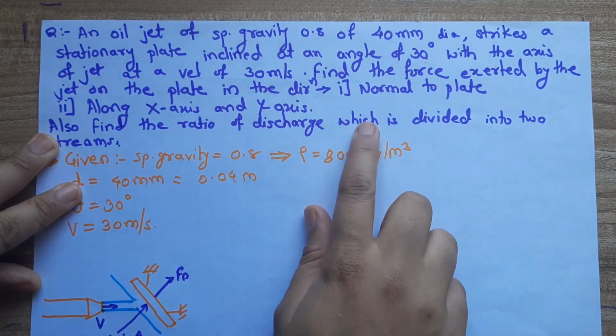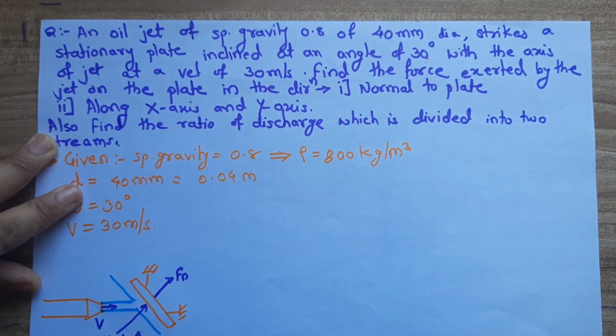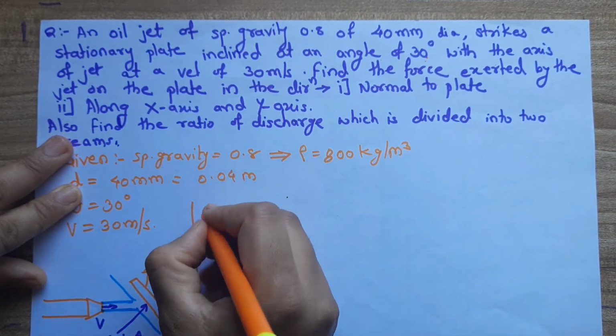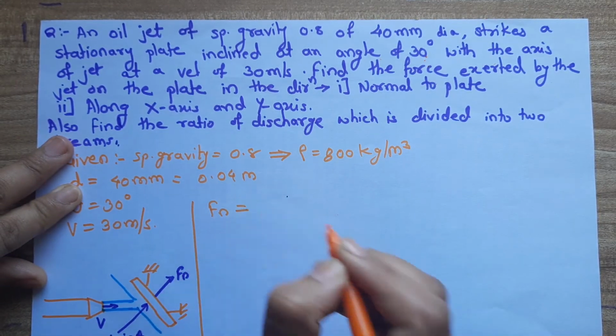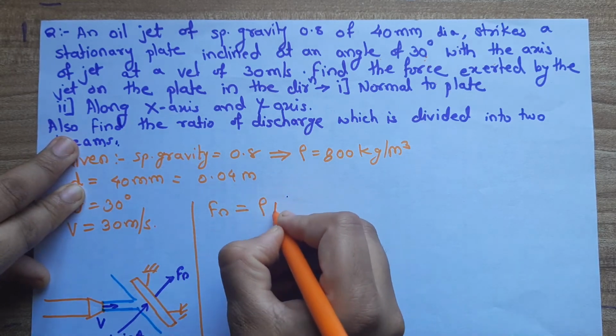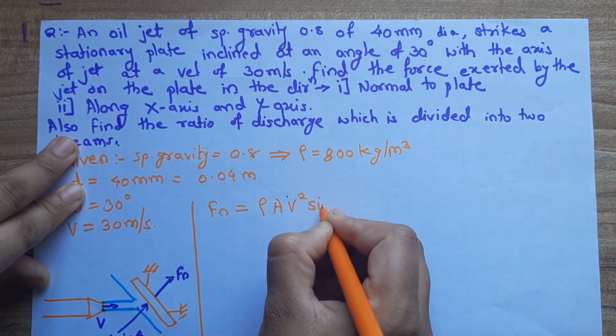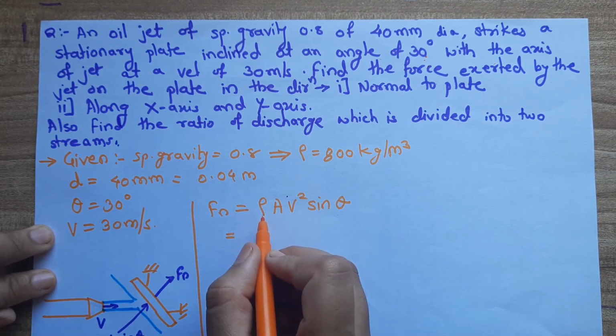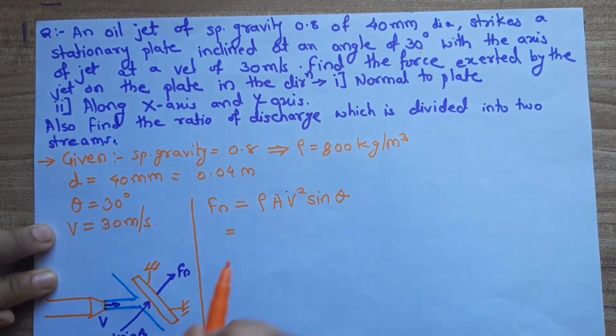Now let's solve it. First thing asked in the question is to find the Fn. Fn equals rho a v square sin theta. Now here, for density, don't take it by default as 1000 because here oil is given.